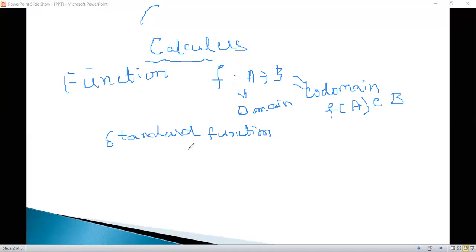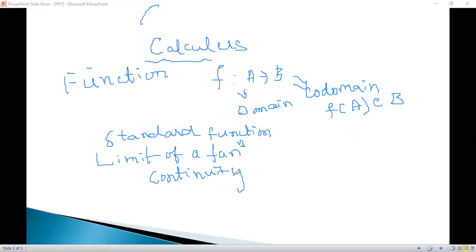Later we have discussed the continuity of those functions also, continuity, differentiability, that is calculus of those functions. It is followed by one more important concept, that is limit of a function: how to find the limit of a function at some particular point. It may be some finite point or it may be an infinite point. This limit of a function we are going to use while checking the continuity of a function also.